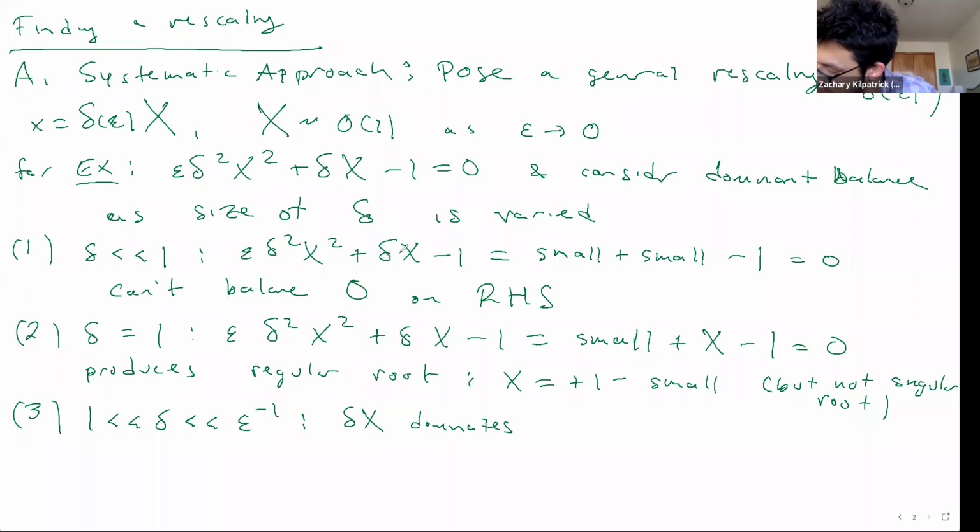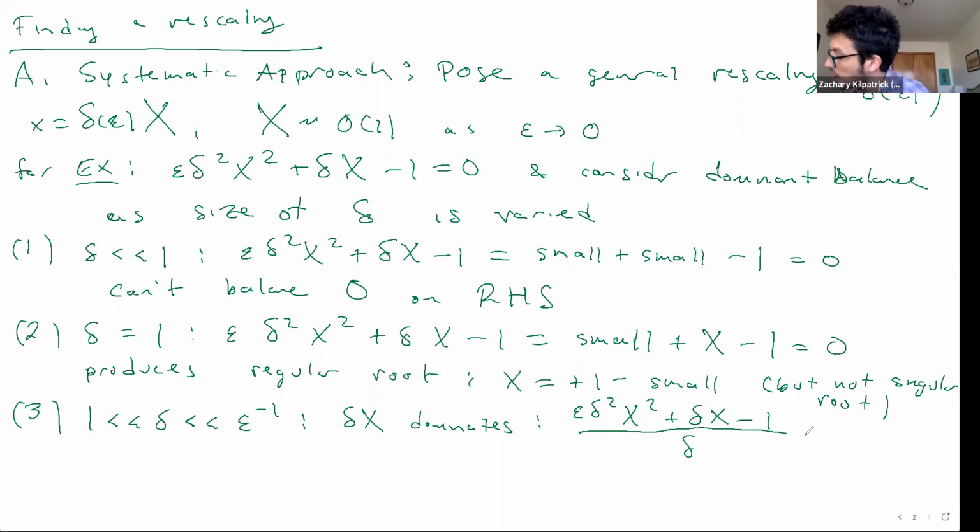So this term is going to end up being bigger than this term here. So delta x dominates. Let's just rescale the equation. We get epsilon delta squared x squared plus delta x minus 1, and we'll divide it by delta.